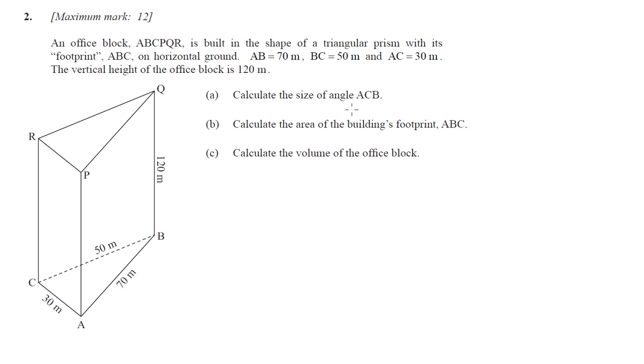So calculate the size of angle ACB. So we go from A to C up to B. So we're trying to figure out what that angle there is, right? So we don't know if any of these are right angles. It doesn't specify at all, so we can't just use our good friend SOHCAHTOA.